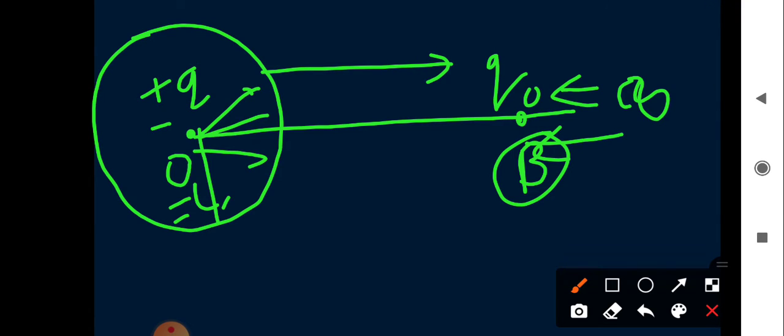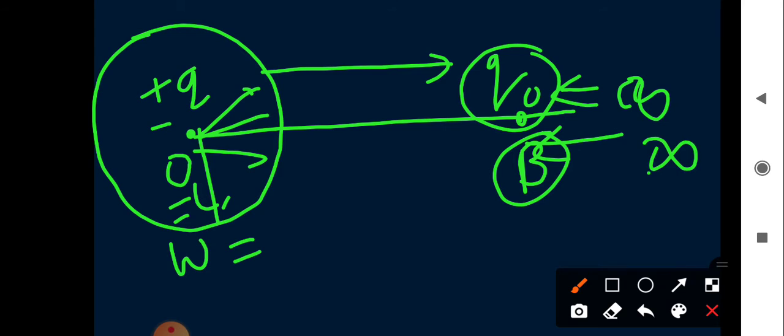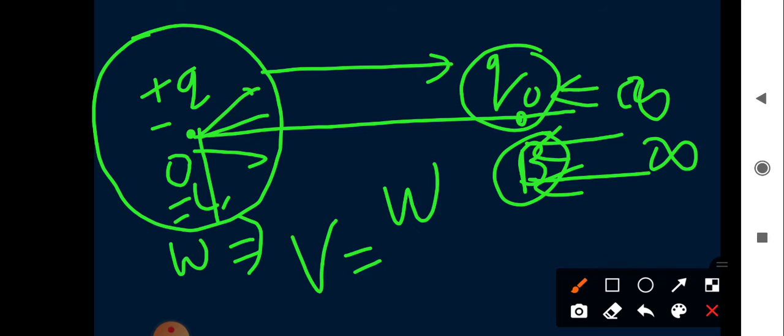Let W be the work done in bringing a test charge q naught from infinity to point B, then the electric potential V is equal to work done by point charge.